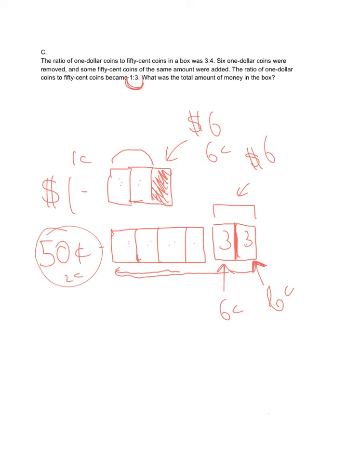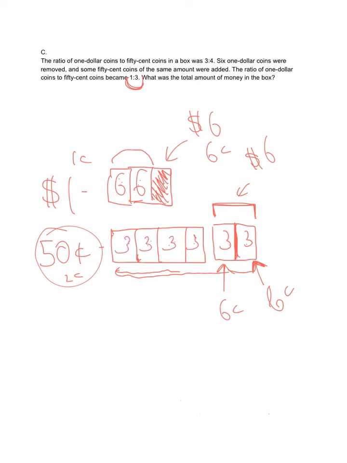Now at this point, we can go ahead and solve the problem. We're supposed to find out how much money is in the box. Well, we have our 1 to 3 ratio, 2 to 6. We know that up here, each of these units is going to be worth $6. We figured out down here that each unit is worth $3.